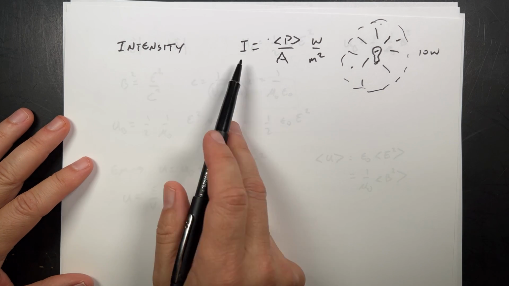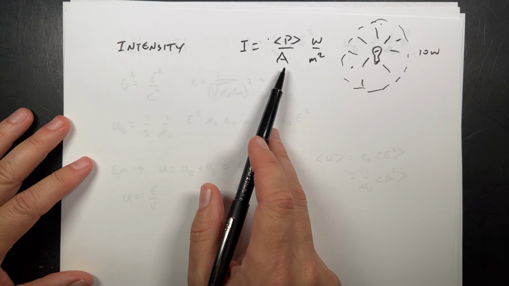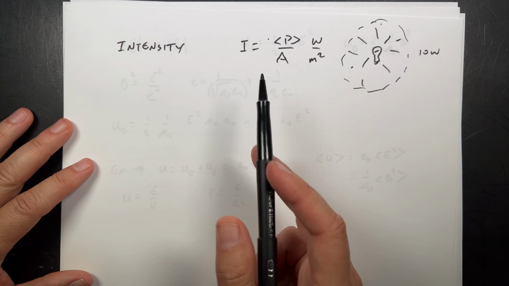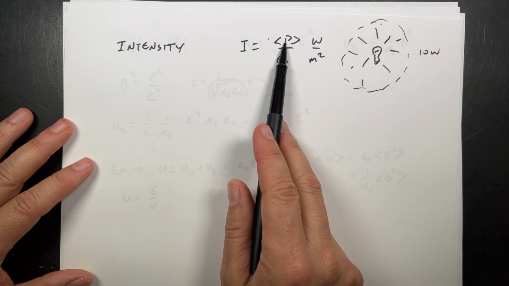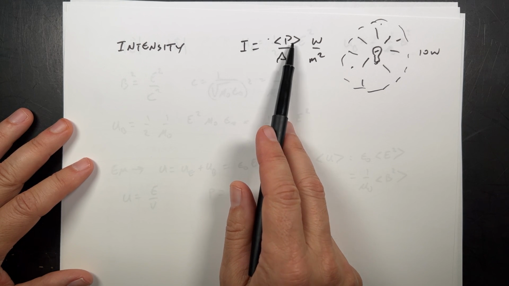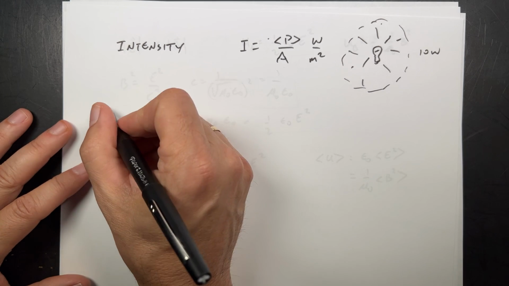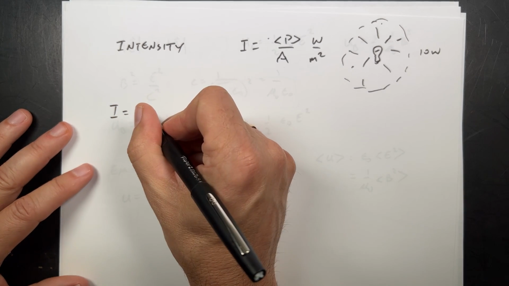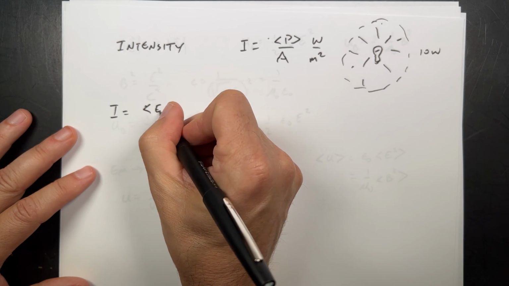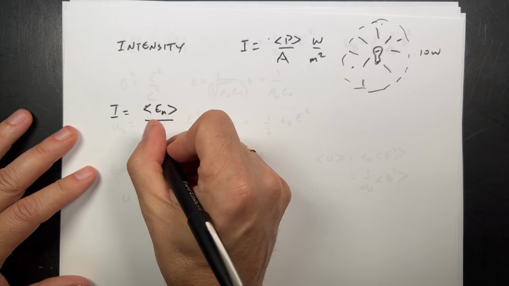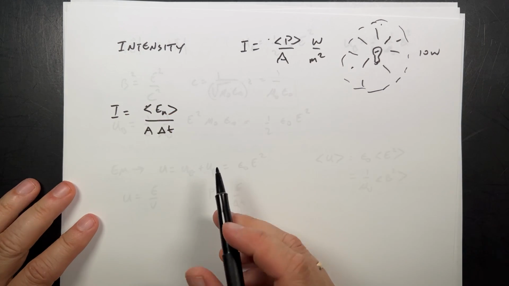Okay, let's write out the intensity in terms of the light energy density. If the power is the energy per time, then I can write this as I, the average energy, and I'm going to call that En for energy, over the area times delta T. That's the same thing, right?